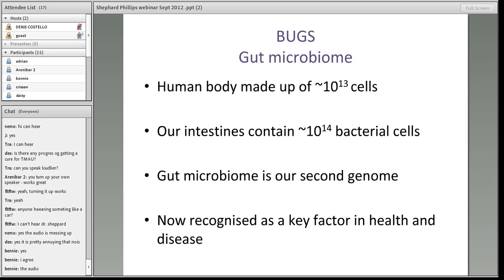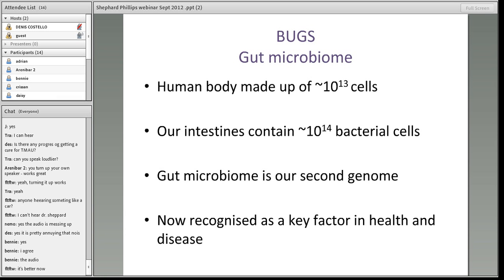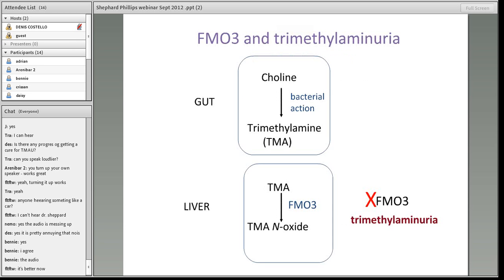And there's now a lot of increasing evidence that the gut microbiome, all of the reactions that the bacteria carry out in our gut, is providing us with a second genome, providing us with key nutrients and key reactions that we ourselves cannot carry out. So the gut microbiome is extremely important to us and is recognized as a key factor in health and disease. Could I have the next slide, please?